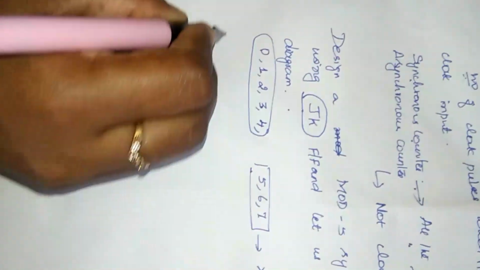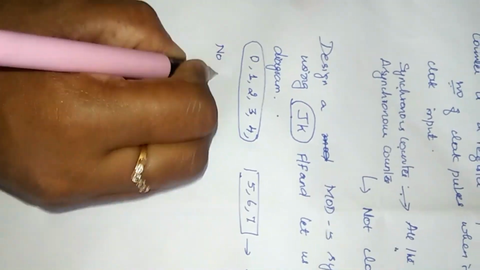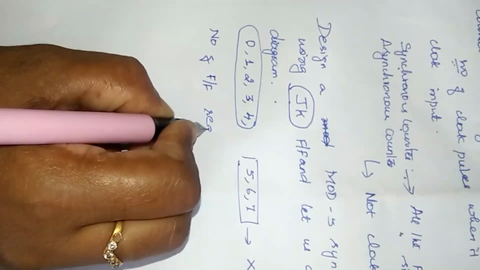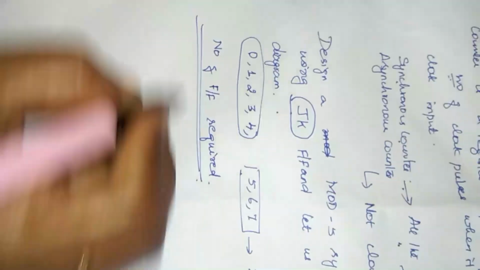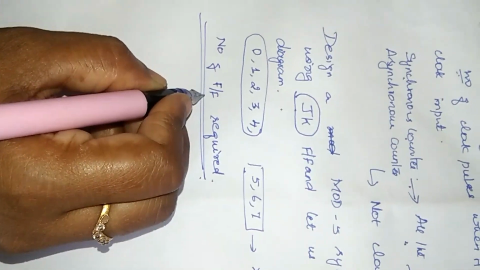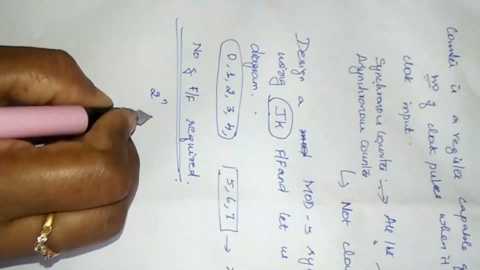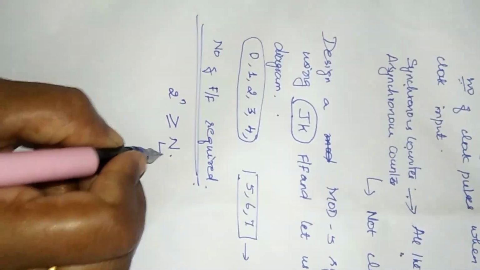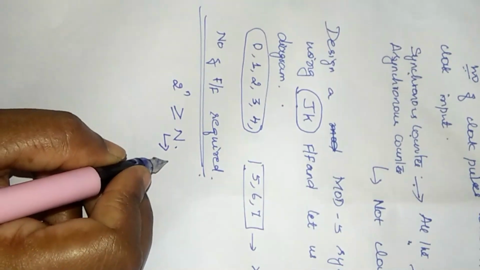The first thing we have to do is decide the number of flip-flops required to design the counter. How do we decide the number of flip-flops required? We can use the expression 2 raised to the power n greater than or equal to N, where N is the counter number.